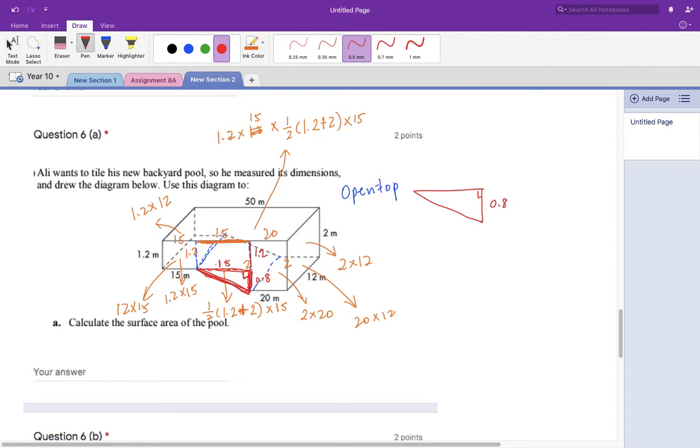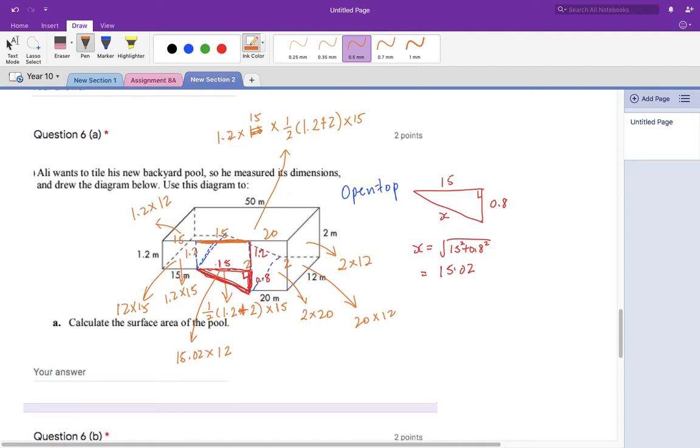It's 0.8, 15, and I want to know how much this side is. So x is equal to the square root of 15 squared plus 0.8 squared, which is about 15.02. So for the rectangle on the slope, it's going to be 15.02 times the length of it, which is 12.